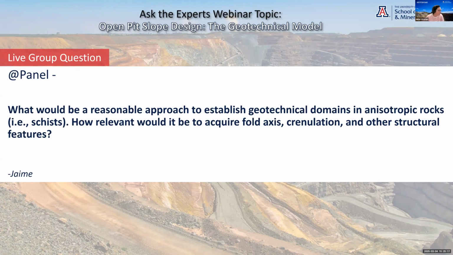So the question from Jaime: what would be a reasonable approach to establish geotechnical domains in anisotropic rocks, for example, schists? And how relevant would it be to acquire fold axis, crenulation, and other structural features? And also considering that you were presented in the structural geology course, I feel you might have some input to this question. Andrew?